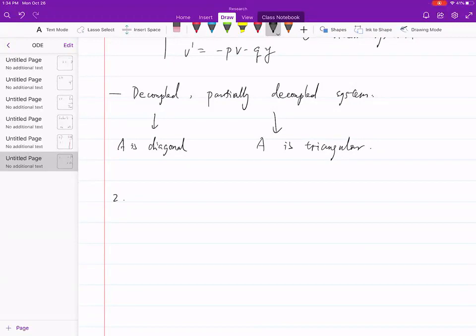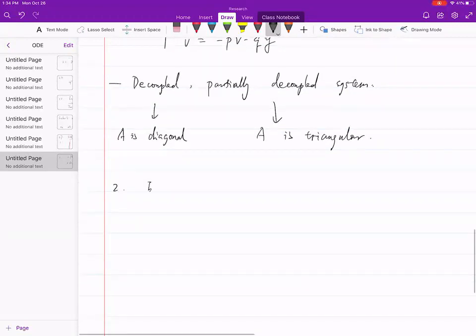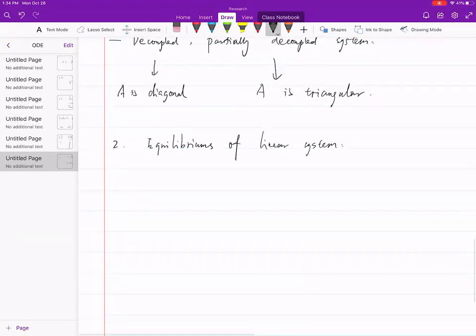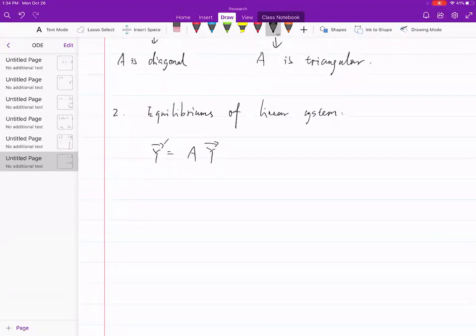Now let's talk about equilibriums of a linear system with constant coefficient. So, what do you mean by equilibrium?